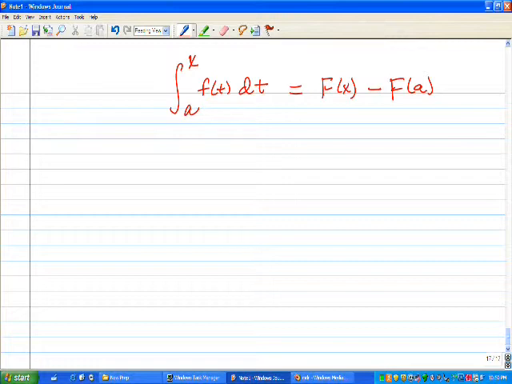Now, suppose you wanted to calculate the derivative of the integral from a to x of f of t dt.